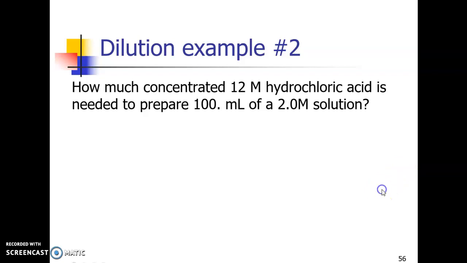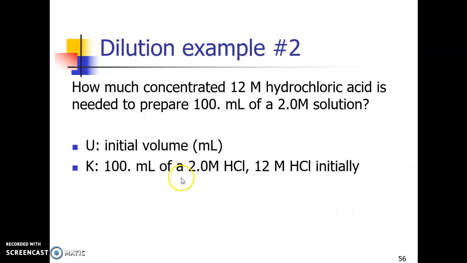So let's list off our unknown, which is the initial volume, how much of that concentrated solution do we need, and we know that we want to prepare 100 milliliters of 2 molar, and we're starting with 12 molar. So a way to check yourself, you know that the initial volume is going to be certainly less than 100 milliliters because that's our final solution volume.